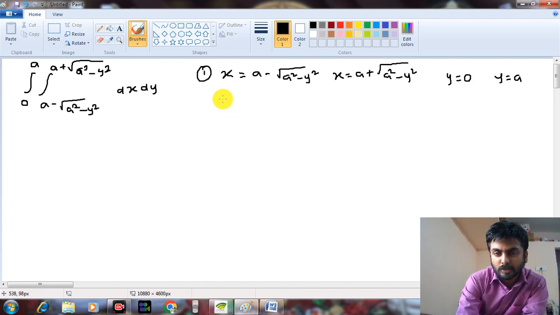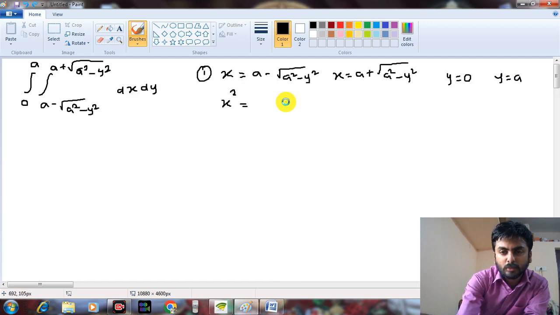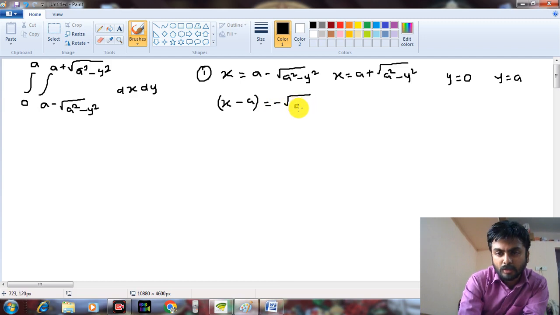So I am taking square on both sides. Before taking the square, first let me bring that a to the left hand side, then it will be more comfortable. So x minus a equal to minus root of a square minus y square.